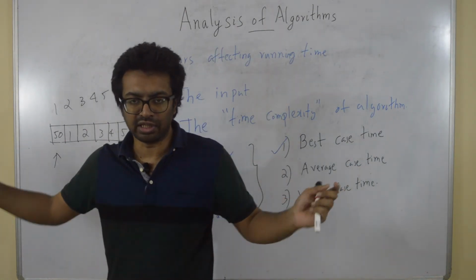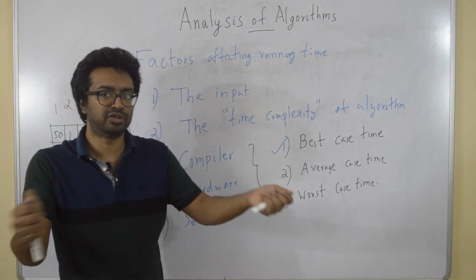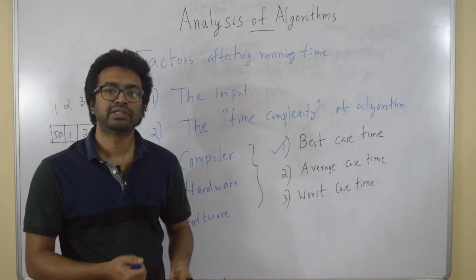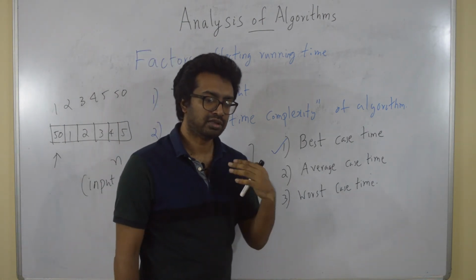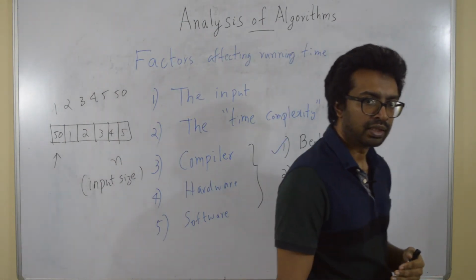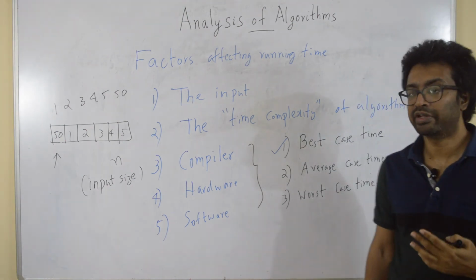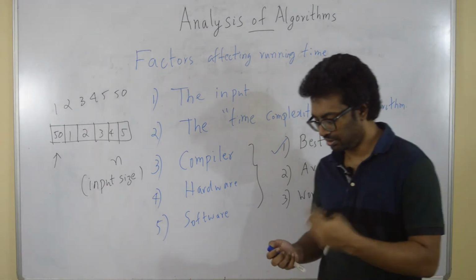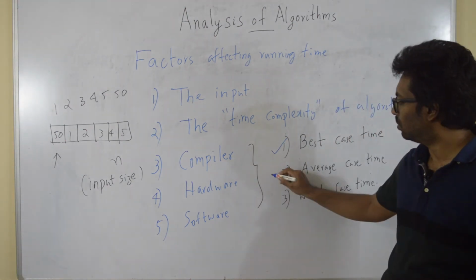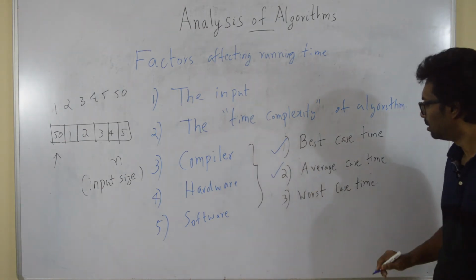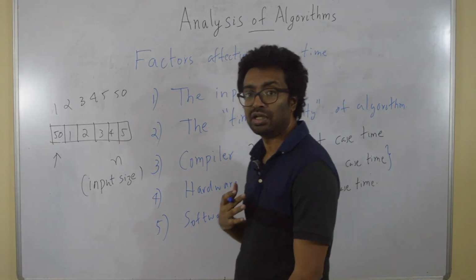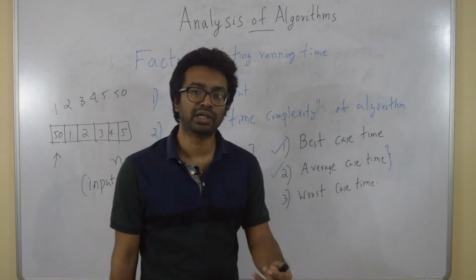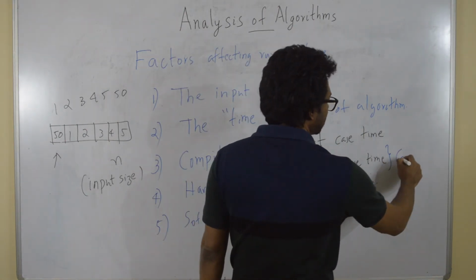Given the probability distribution of input, what is the expected time the program takes to run? This is the average case time. Now, this is a little difficult or complicated to analyze. So this is complex.